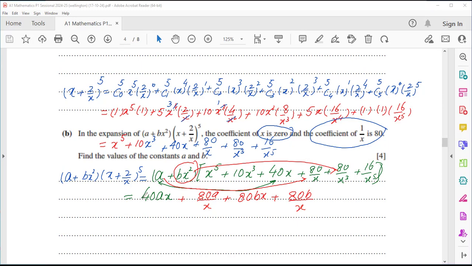Where are the coefficient of 1 over x? So these two terms, I have this one 40ax and the second term is plus 80bx. That's the coefficient of x. I will change the marker color over here. So the next one is 80a over x and plus 80b over x.